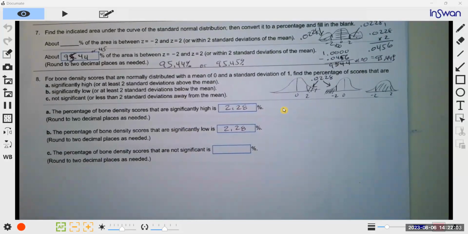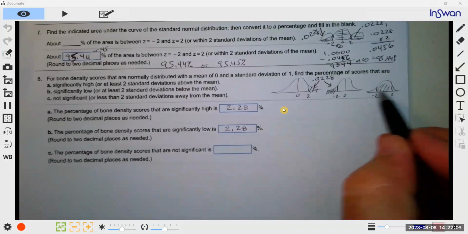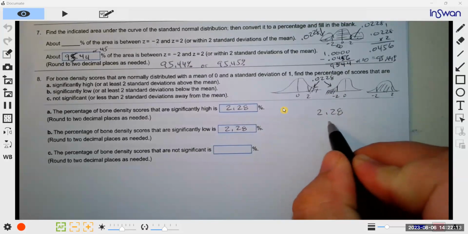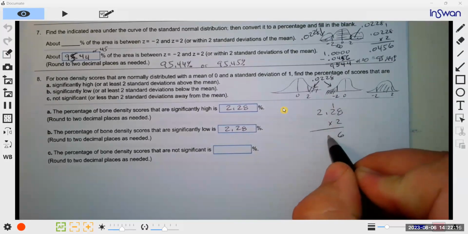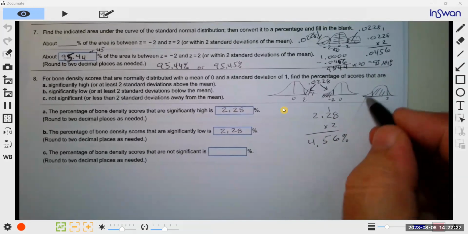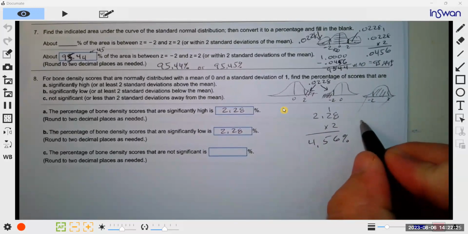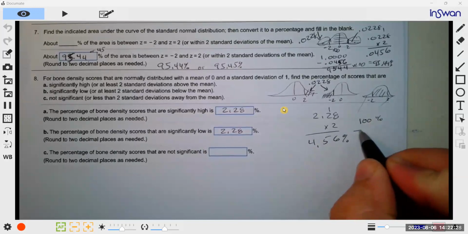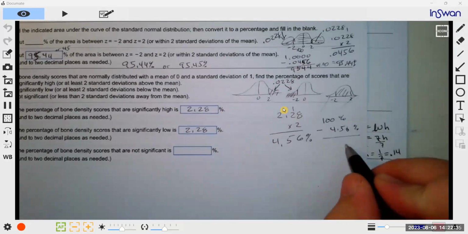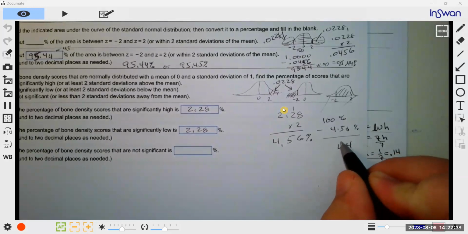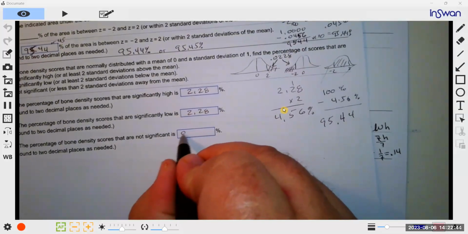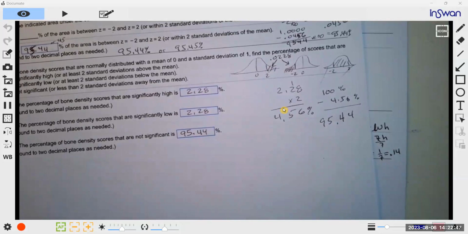And then what's in the middle? If we do 2.28% times 2, that's 4.56%, which puts together both of those ends. 100% minus 4.56% is 95.44%.